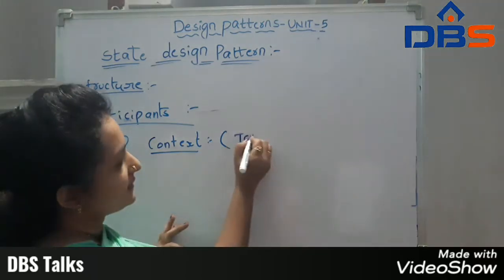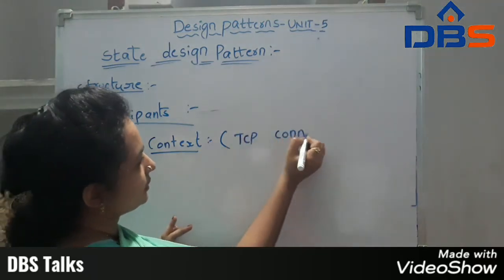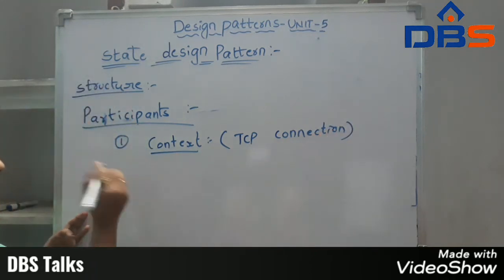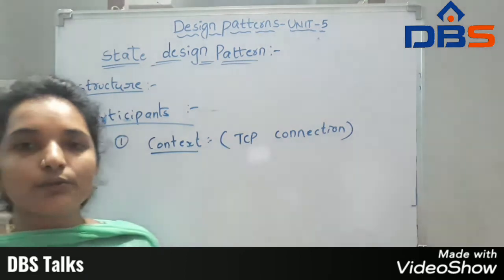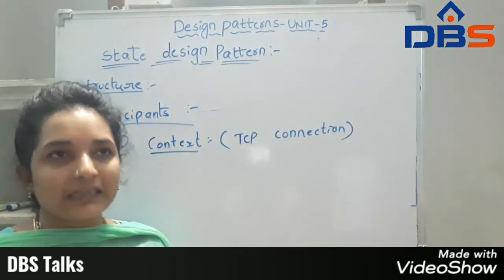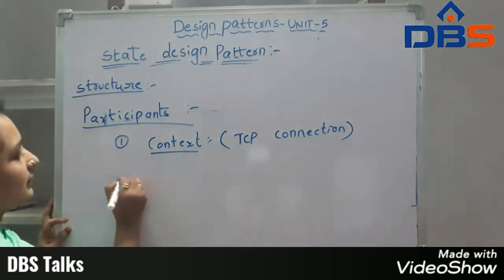If you see the previous image, we have the TCP connection. What is the use of the context here? It defines the interface to the client. That is called the context.